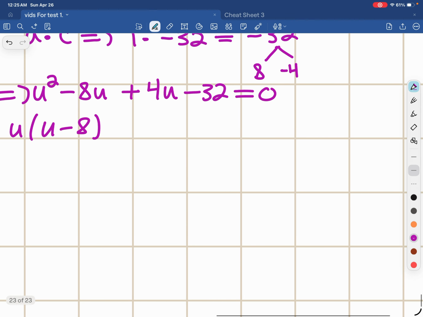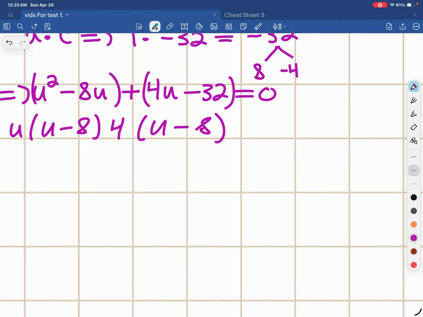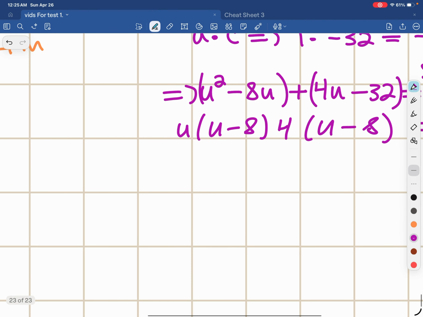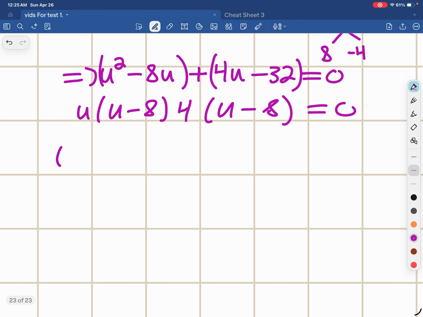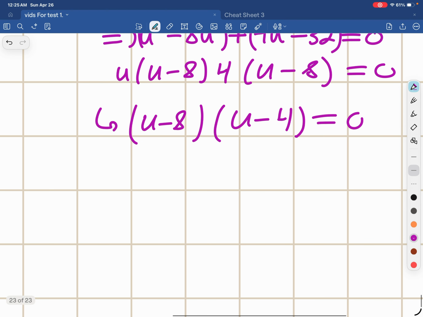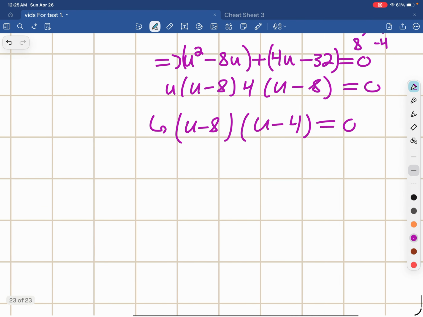And then in this situation, I say let's take out a 4, right? And we should have u minus 8. That's all going to equal 0. And then we set it up in its final form, which is going to be u minus 8 times u minus 4 equals 0. And just like a normal equation, we will solve for these.